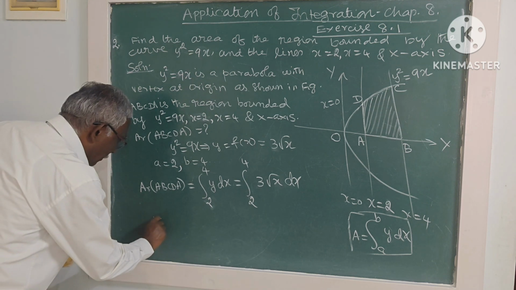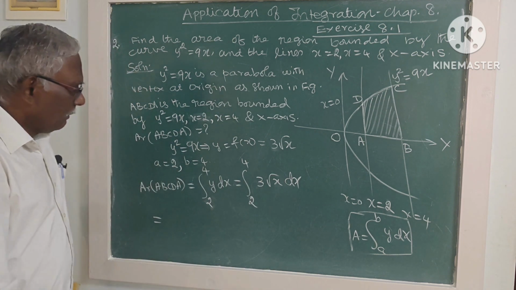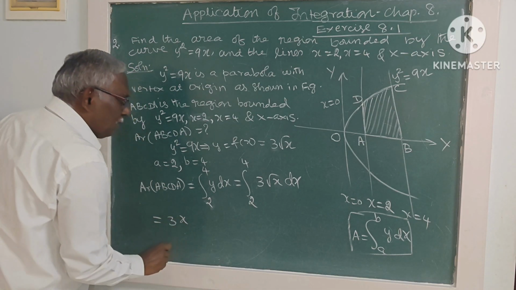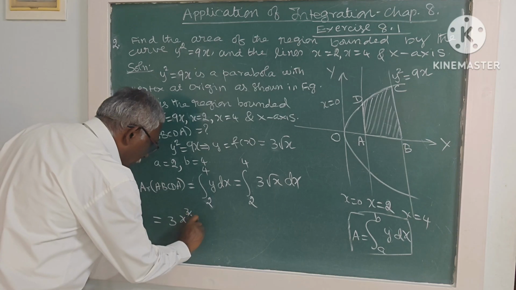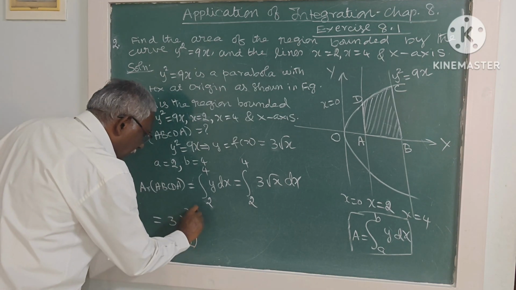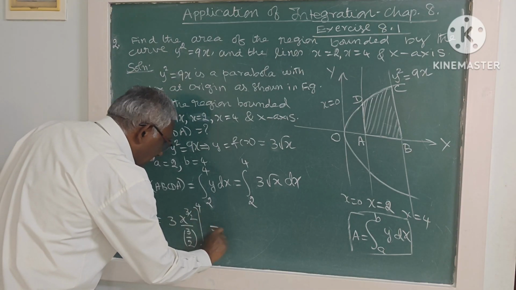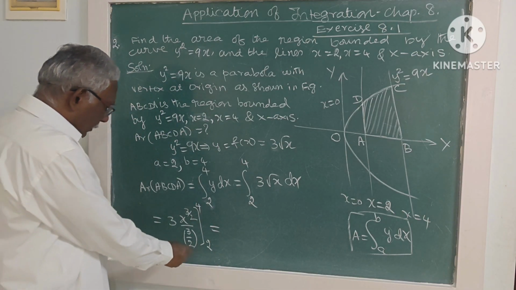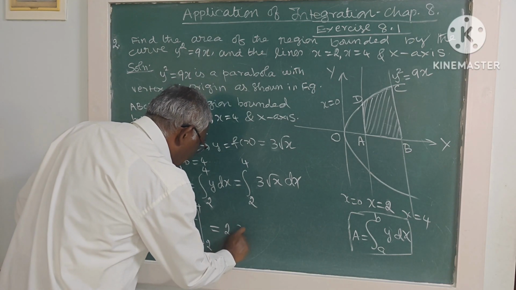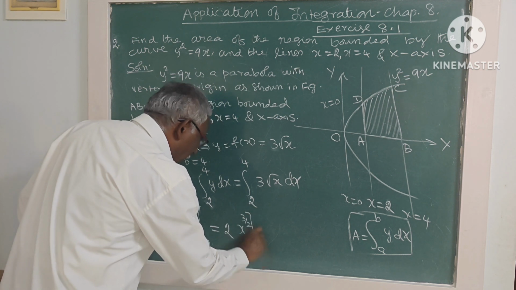So this is equal to, if we integrate the 3 root x, what will come? 3 into x power 3 by 2 by 3 by 2, 2 to 4. So this is equal to 2 times x power 3 by 2, 2 to 4.